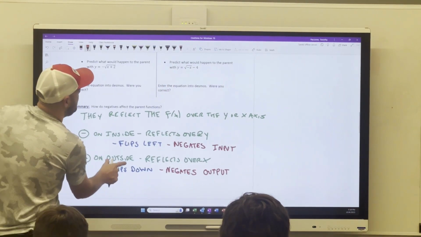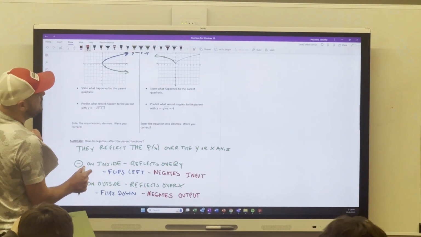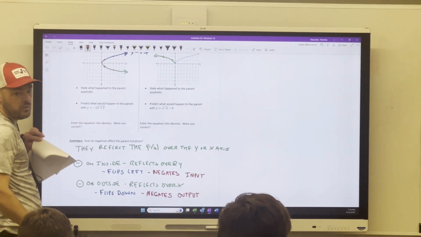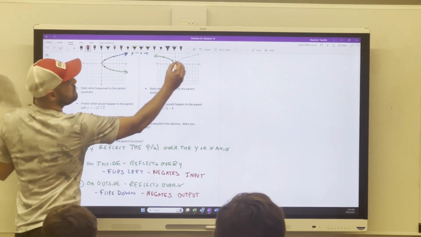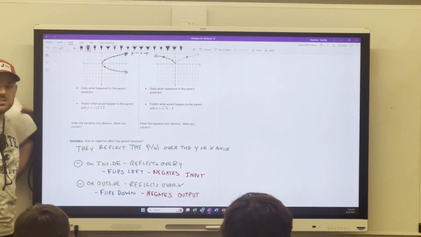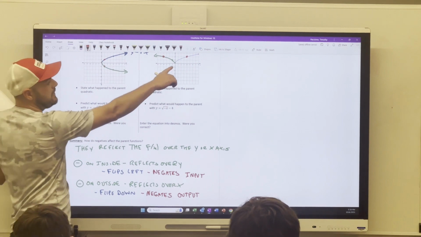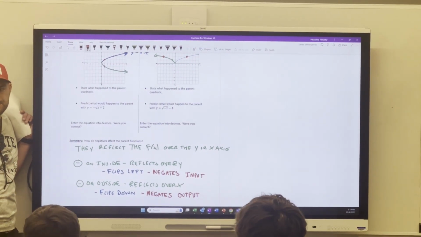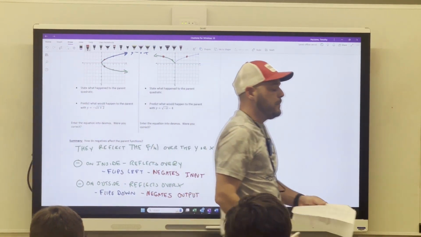So what do I mean by that? Well, this point, (1, 1), became (1, -1). The y value became negative. This point, (4, 2), became (-4, 2). The x value became negative. This negated the input, this negated the output. And that's the lesson. Okay. Homework.